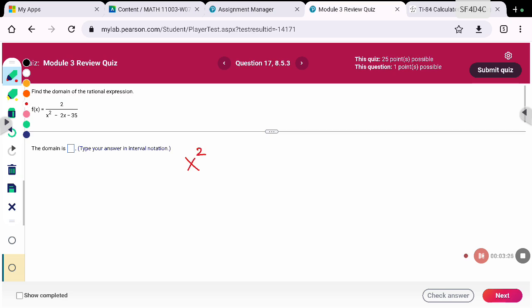So x squared minus 2x minus 35 cannot equal 0. So I will put these in factors. x and x for x squared. Numbers that multiply to negative 35 and add to negative 2 are a negative 7 and positive 5.